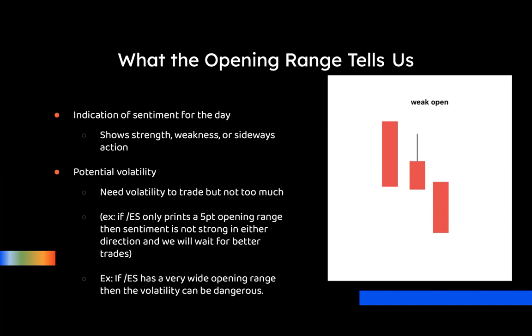As traders, we need volatility to trade, but we don't want too much. We don't want 200-point NASDAQ candles, because if we get stopped out, that's just going to be way too much heat on the trade.